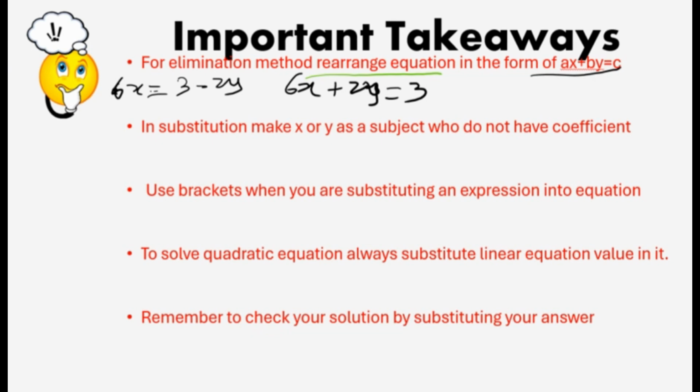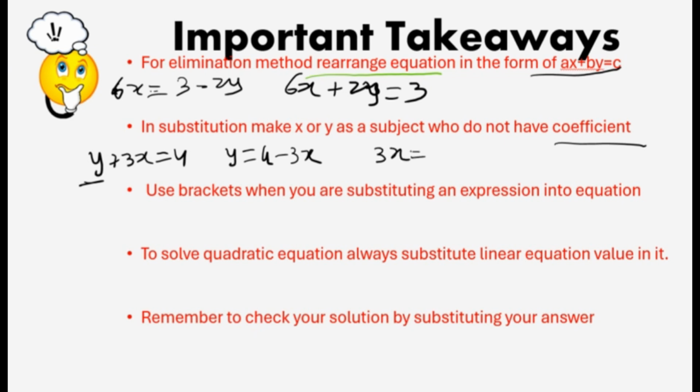In substitution, make x or y the subject, whichever does not have a coefficient. For example, y plus 3x is equal to 4. So y does not have any coefficient, so it's easy to make y the subject. That will give me 4 minus 3x. Okay, let's see what happens if I make x the subject.